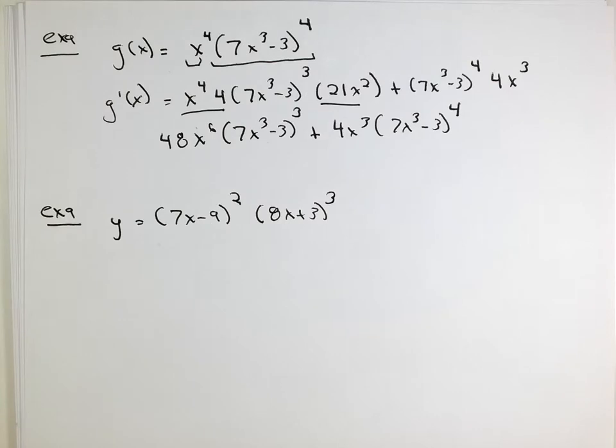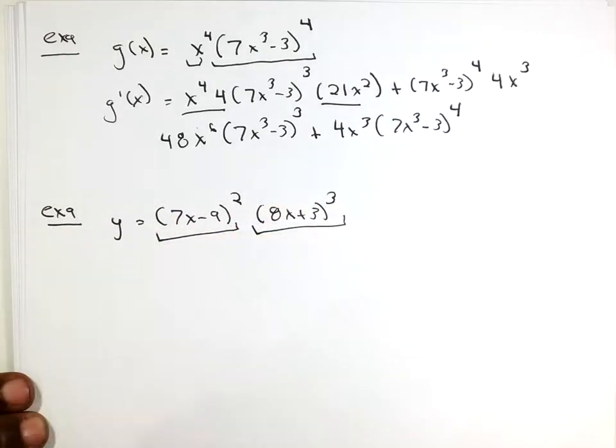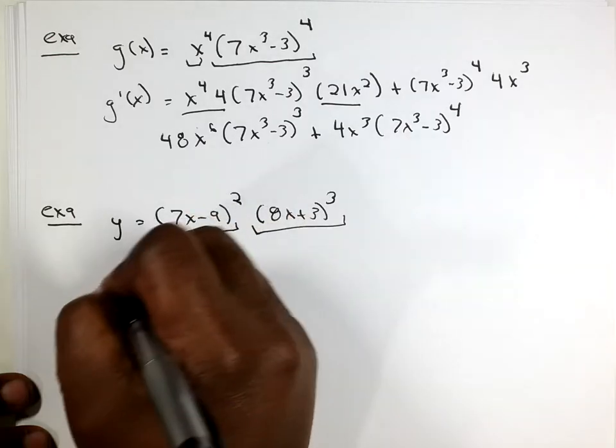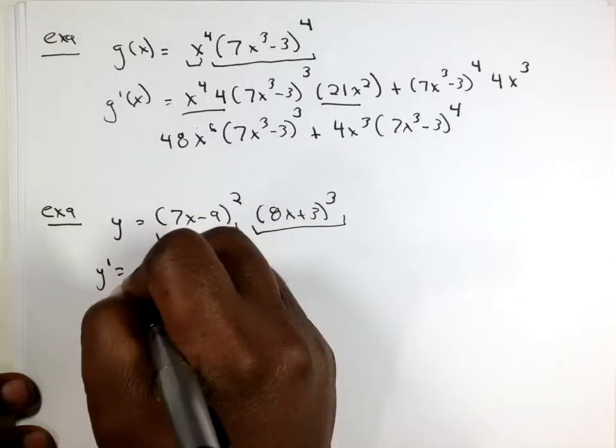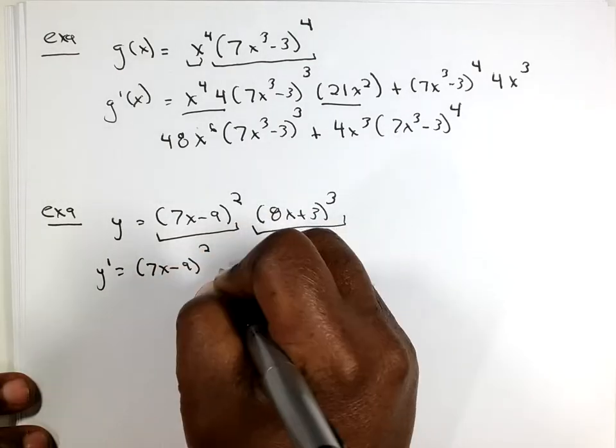So I have y equals (7x minus 9) squared times (8x plus 3), and that is cubed. So I'm going to need the chain rule and the product rule again for both of these. So to take the derivative, I'm leaving the first one as is and taking the derivative of the second.